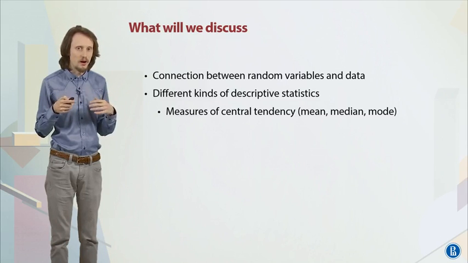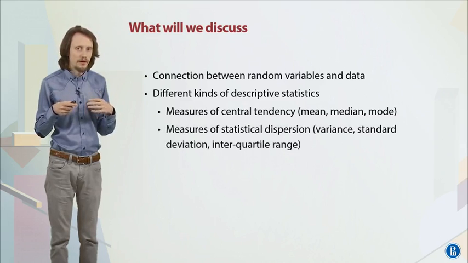Descriptive statistics include measures of central tendency, which measure, in some sense, the typical object in our data set. There are mean, median, mode, and measures of statistical dispersion like variance, standard deviation, or interquartile range.